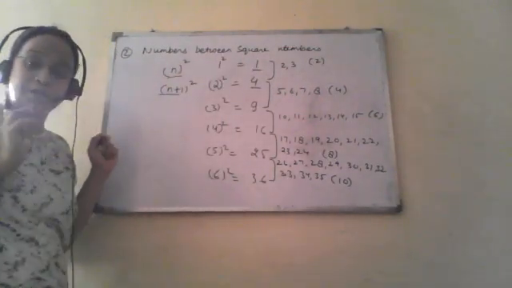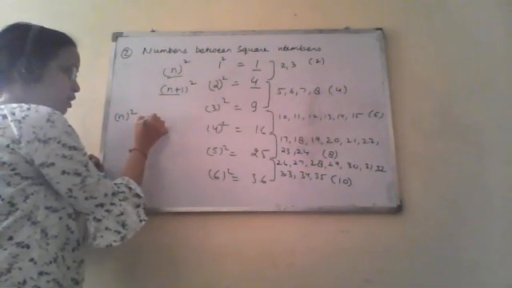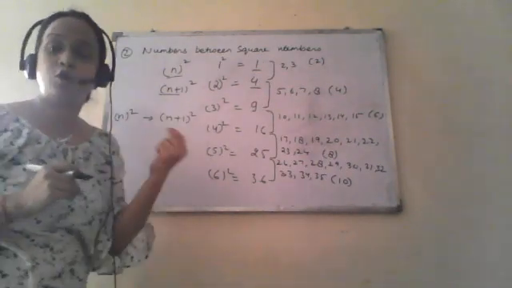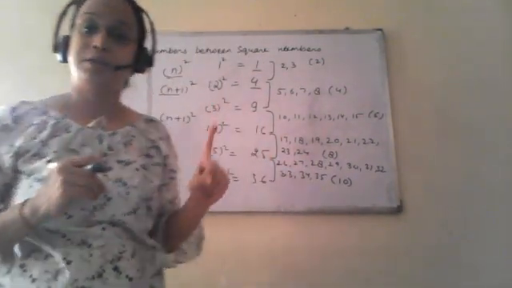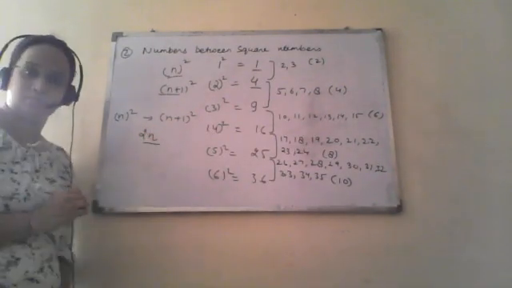So what is the point between n squared and (n plus 1) squared? That is, between consecutive squares of numbers, there are non-square numbers equal to 2n.